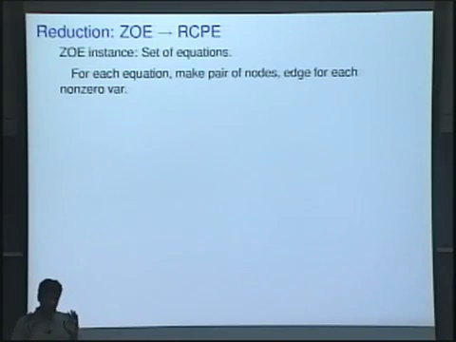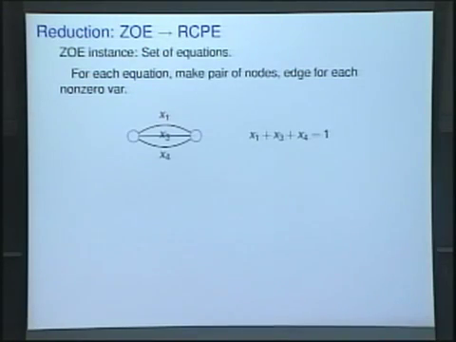What we're going to do is make a pair of nodes. We need to translate the set of equations and variables into a graph. So for each equation, we're going to make a pair of nodes and an edge for each non-zero variable. It looks like this.